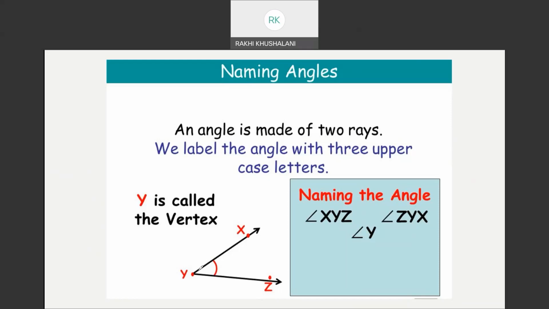Y is the vertex, where the two rays meet, and you can also call it by the vertex name, that is angle Y.